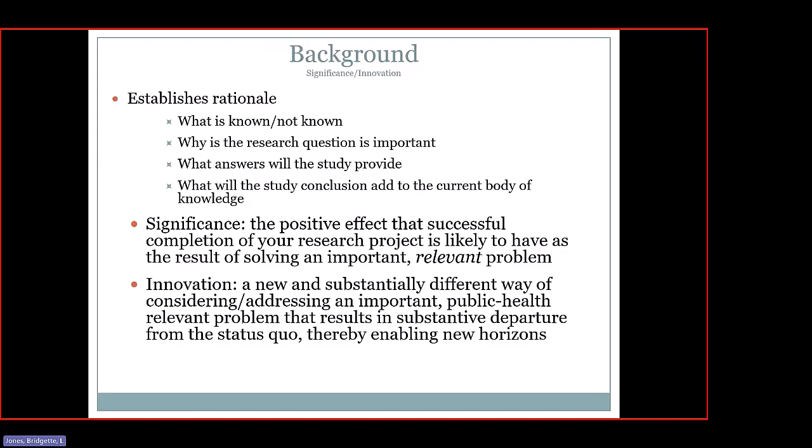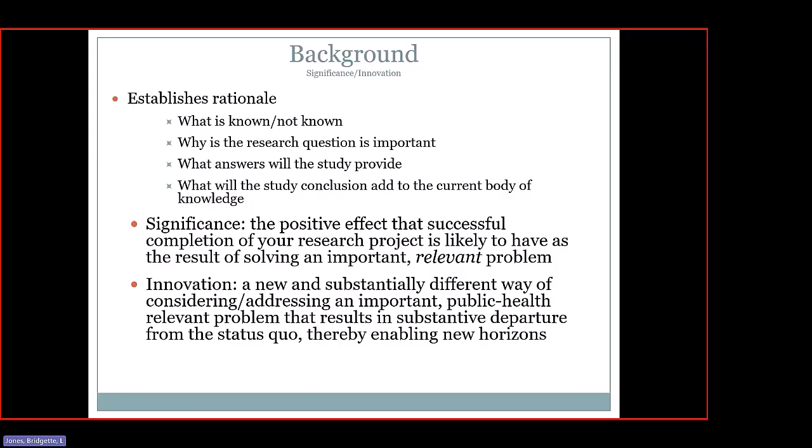Why is the research question important? What could this mean to clinical medicine, or what could this mean as far as understanding the underlying pathophysiology of a certain disease? If you are able to address your hypothesis, what answers will this study provide? What will the study conclusion add to the current body of literature?